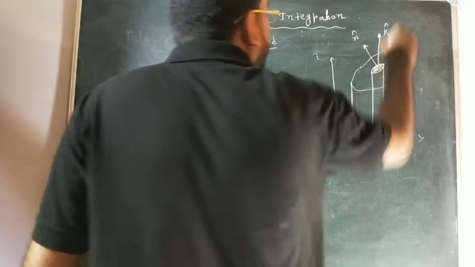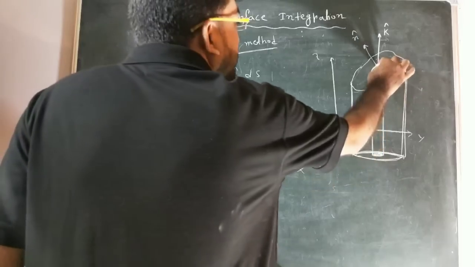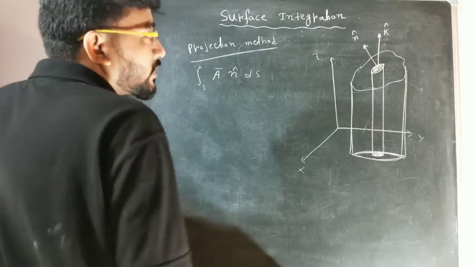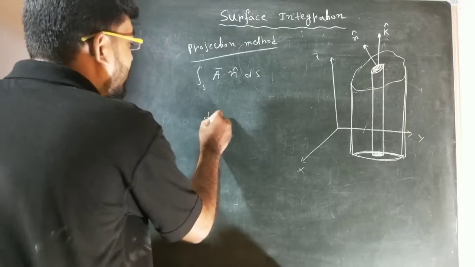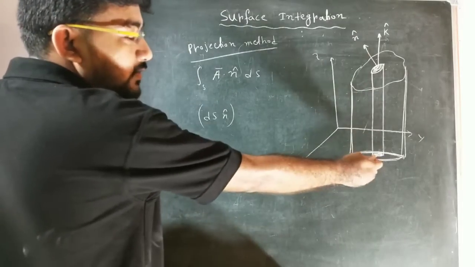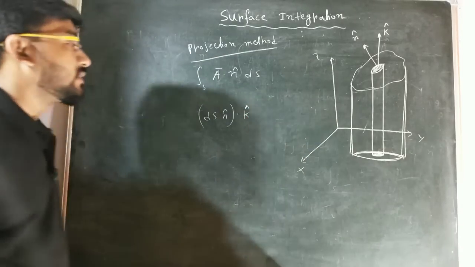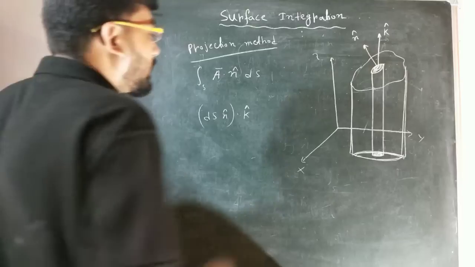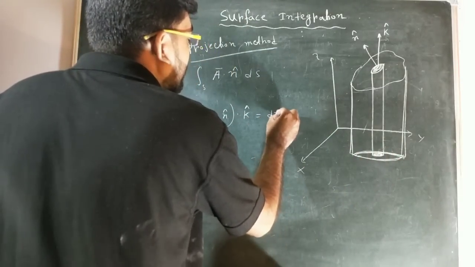If you want to take the projection of ds n cap, the projection along k cap, that is on the xy plane, is ds n cap dot k cap. So this is the projection of ds on the xy plane, and that is nothing but dx dy.